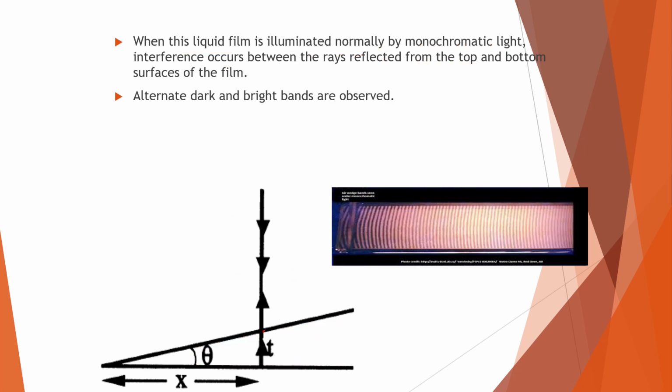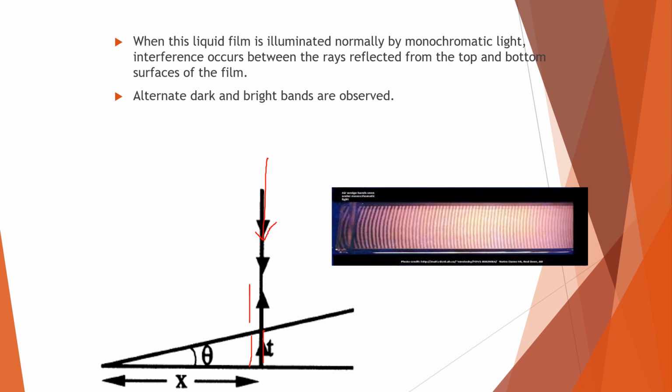Let us suppose that this thin film of thickness t satisfies the condition for constructive interference. So on looking from above, you can see a bright band there. Now consider another film of thickness t' very close to this thin film t. It may satisfy the condition for destructive interference, so you may see a dark band near this bright band.